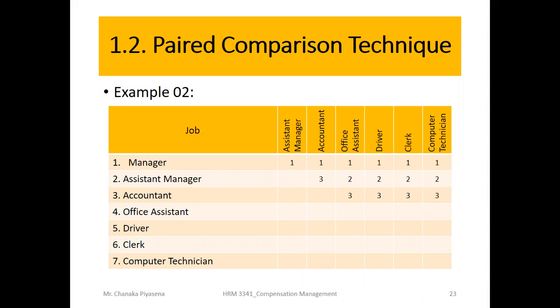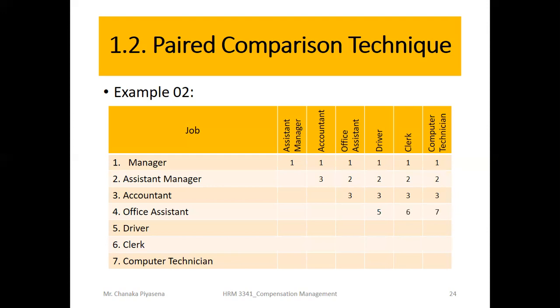When we compare accountant and the driver, again number 3, accountant is more important than the driver. Then accountant compared with the clerk, accountant is again more important than the clerk. Then accountant compared with the computer technicians, number 3, accountant is more important than the computer technicians. That's why we put number 3.